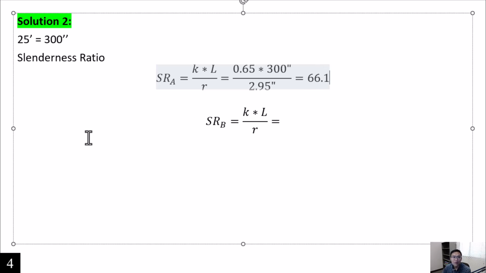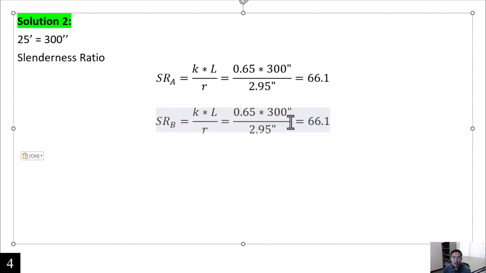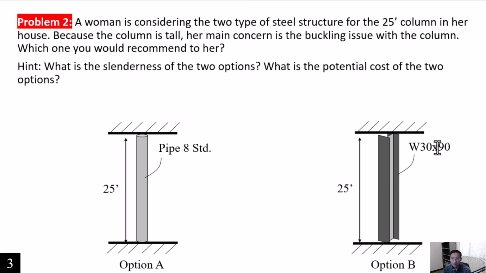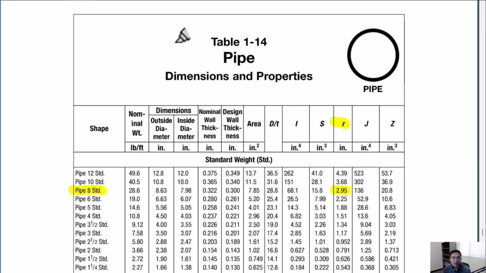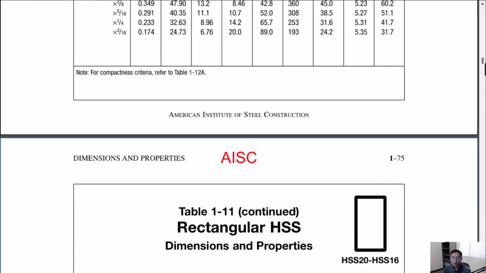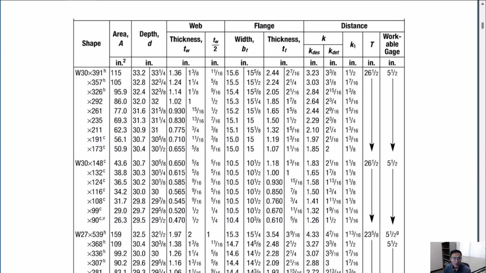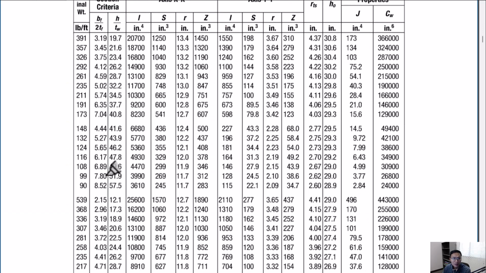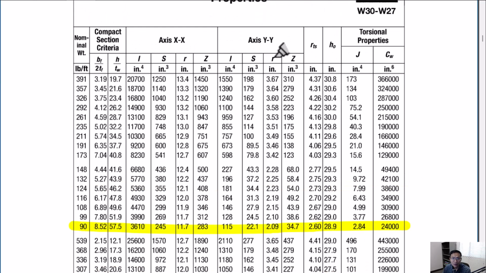For B, we do the same thing. However, the r of the 30 by 90 will be different, so we need to look for 30 by 90 and check the radius of gyration.